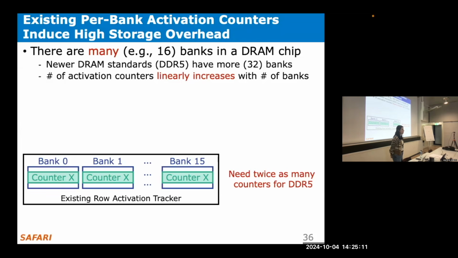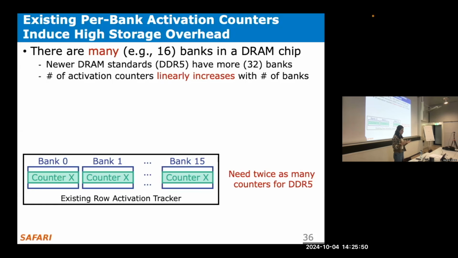To use a single counter across multiple banks, is that the number of banks are increasing? Here, I was explaining why the area overhead of existing mitigations is increasing with the increasing number of banks. They calculate the number of counters assuming one bank, and when we multiply it to all DRAM banks, it increases a lot.